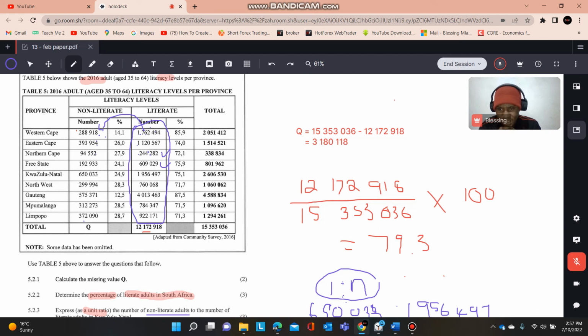By looking at these numbers, if you check Northern Cape, that's the only province with the smallest number of literate individuals, right? If you take this one, subtract this one, you'll get the smallest difference compared to any other province, because these other provinces have like 1 million something, close to 2 million, 1 million something, 600,000. Those are huge numbers, but this one has smaller numbers. So if you take the difference there, you'll get a smaller difference, right?